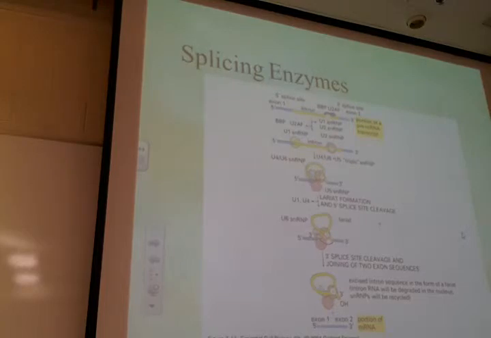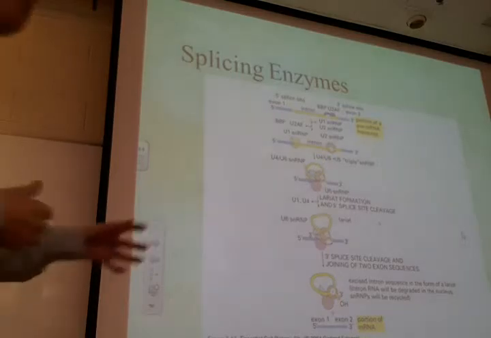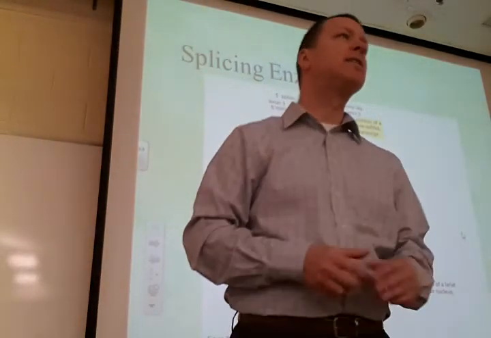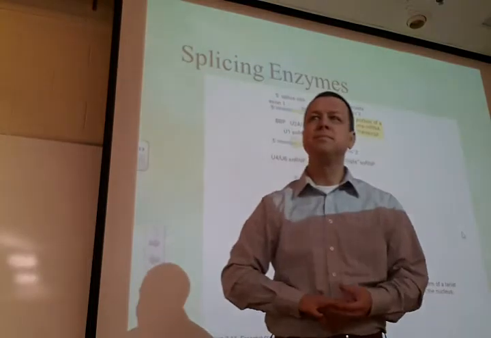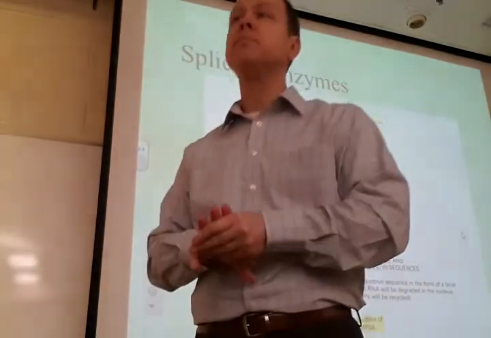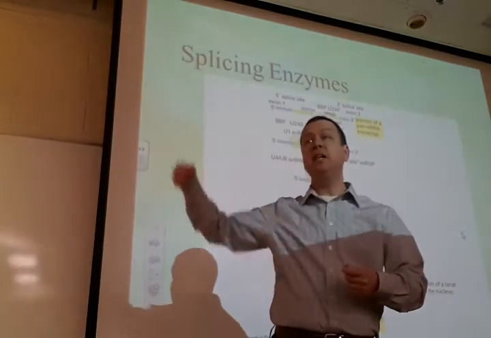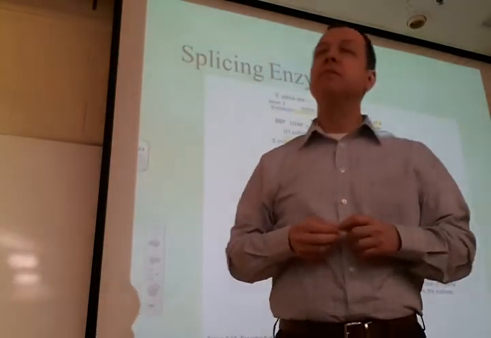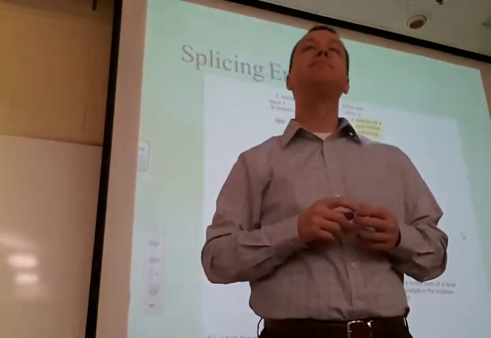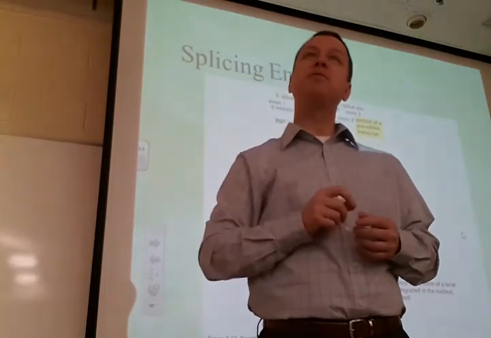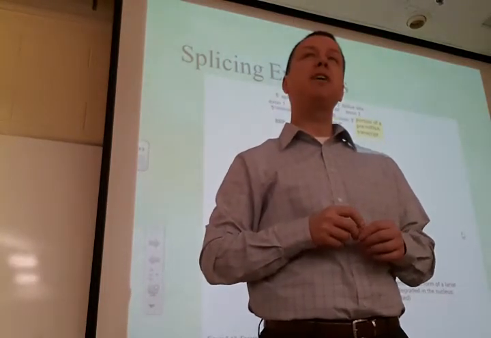So I think this is our second example of this. What was our first? We've seen something else that was made up of protein plus RNA. No, nucleosomes are just protein around which you wrap DNA. But we've seen something. Not yet. We haven't actually looked at those yet. We will next week.